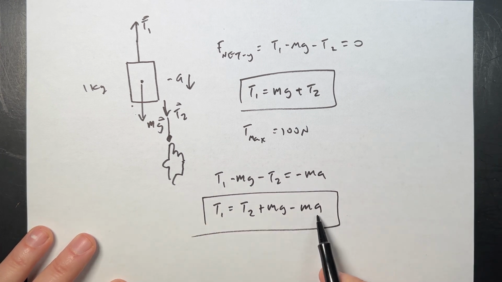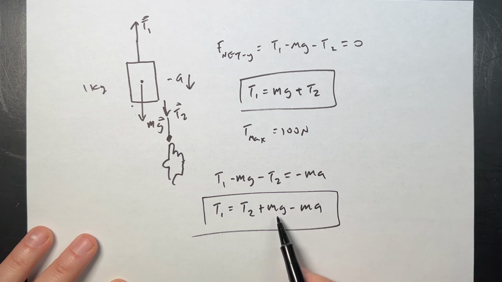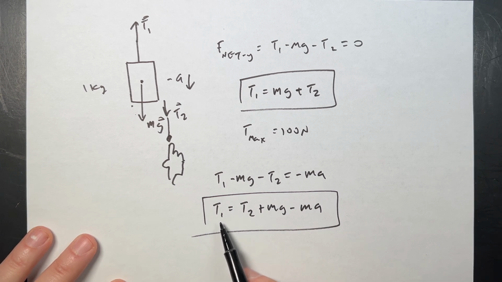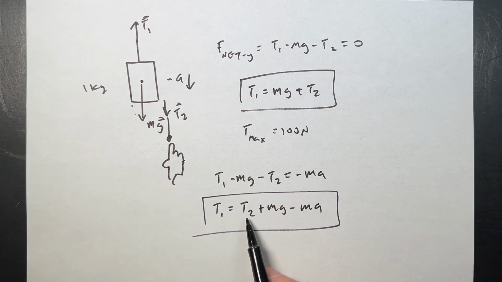So if the acceleration's large enough, larger than the acceleration due to gravity g, then T1 is going to be less than T2, right? And if that's the case, then the T2 string can have a higher magnitude than T1. As I keep increasing T2, it can be higher than T1, and the bottom string can break.